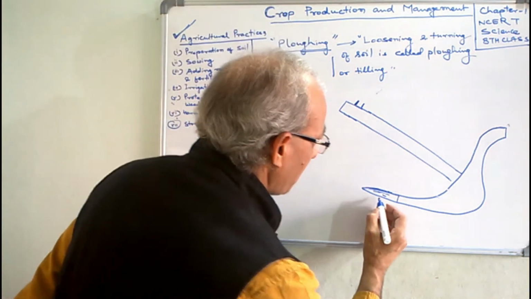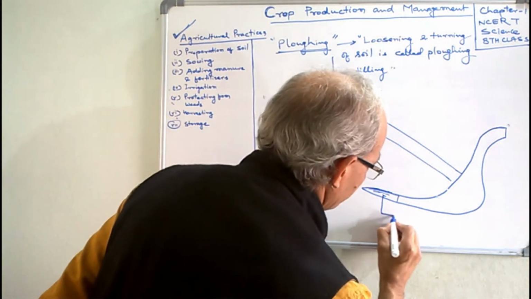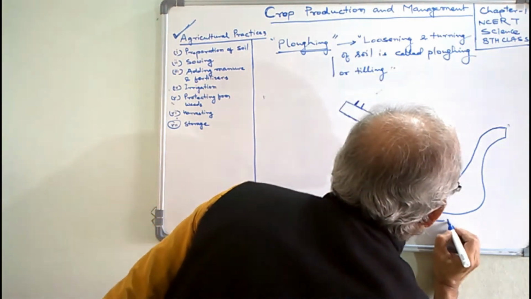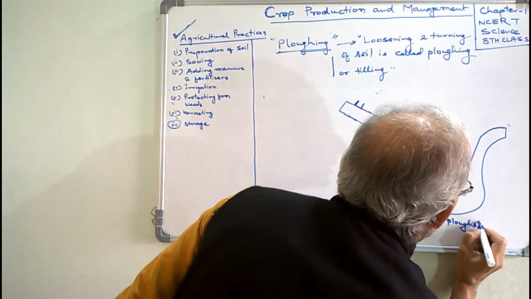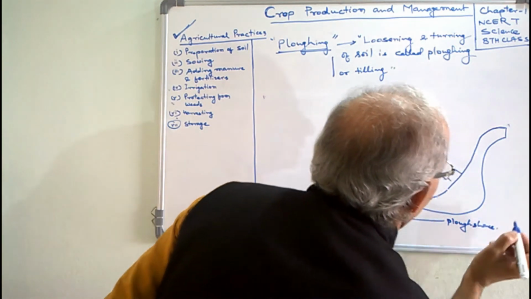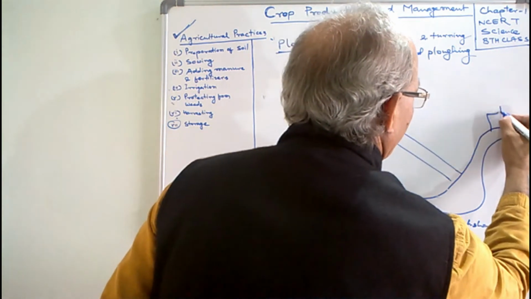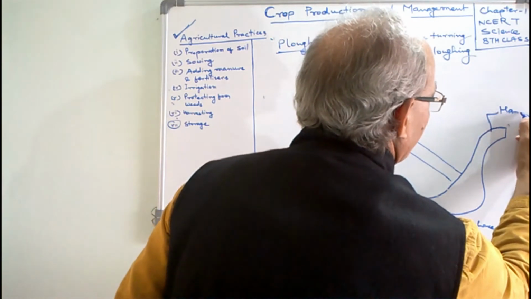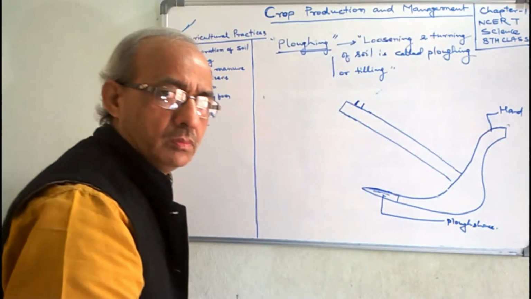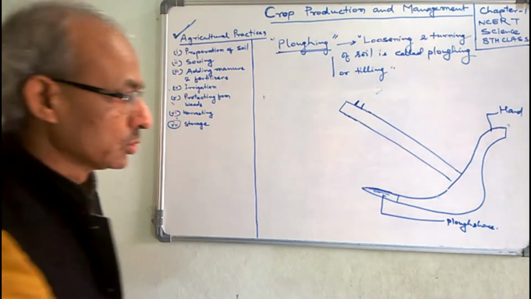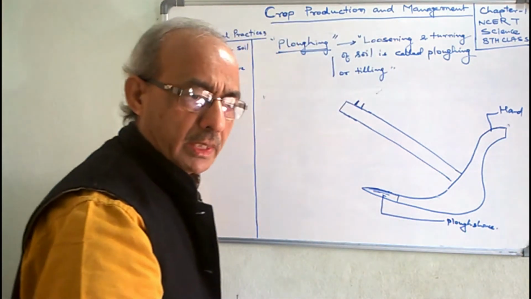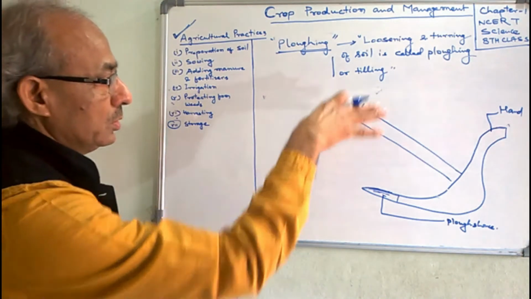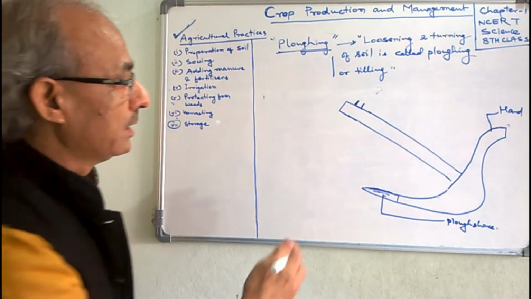And this part is called plough shear, and this is the handle by which the farmer pushes the plough so that this ploughshare can dig, loosen or turn the soil.